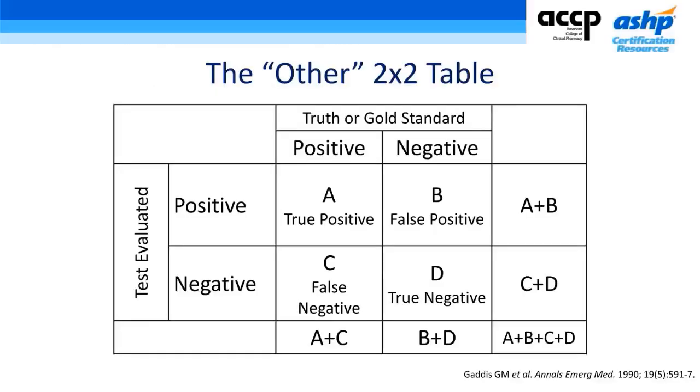So before we get into populating the 2x2, let's go over the 2x2 for sensitivity, specificity, positive predictive value, and negative predictive value, which I lovingly like to call the other 2x2 table. Not to mean that it's any worse or different than the first 2x2 table that we mentioned with measures of effect. It's just different. And so this slide shows the setup for this other 2x2 table.